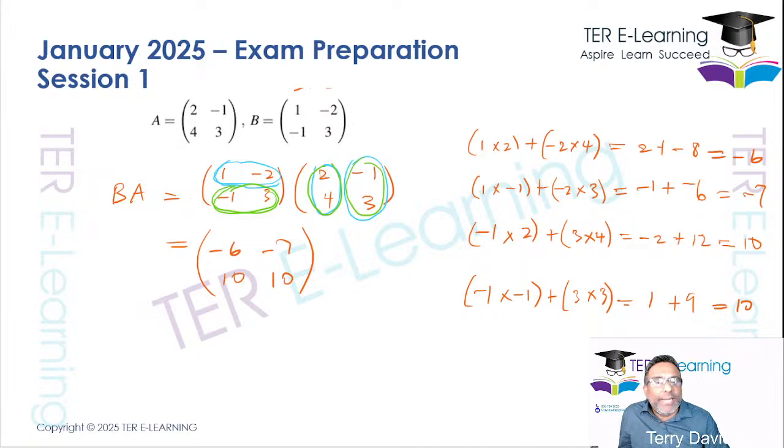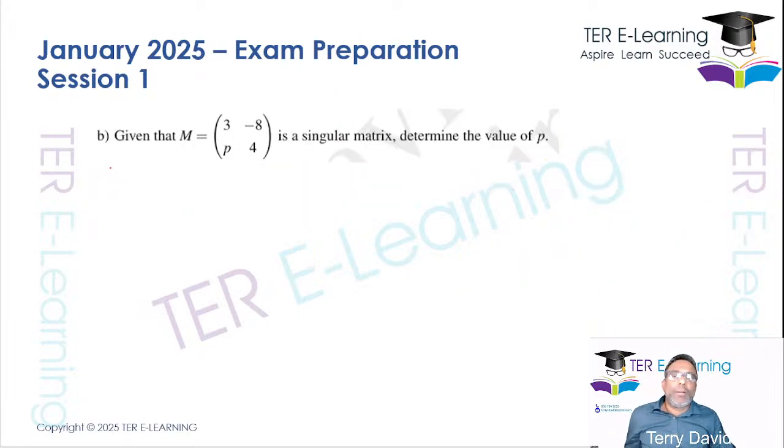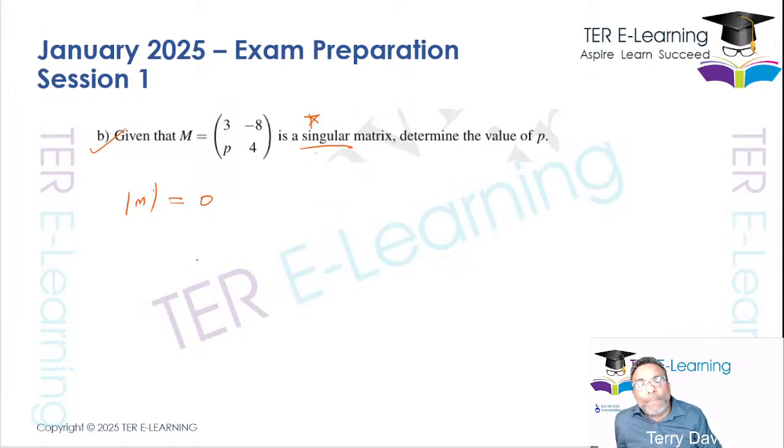Next thing. Part B here, given that we have a matrix M and they're telling us it's a singular matrix, find the value of P. One of the things that we can work out with a matrix is something called the determinant. When a matrix is singular, the determinant is equal to 0. To find the determinant, we normally take this number, multiply by this number.